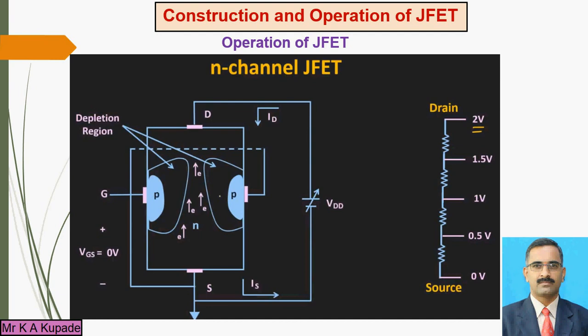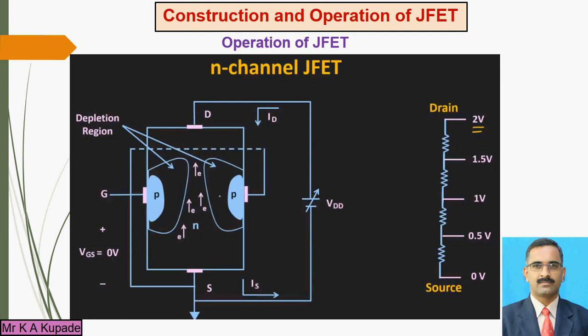Due to this condition, the barrier width at the junction again has a larger area at the drain side, and a high resistance develops at the drain side. When the two depletion regions touch each other, the JFET has high resistance, high impedance.